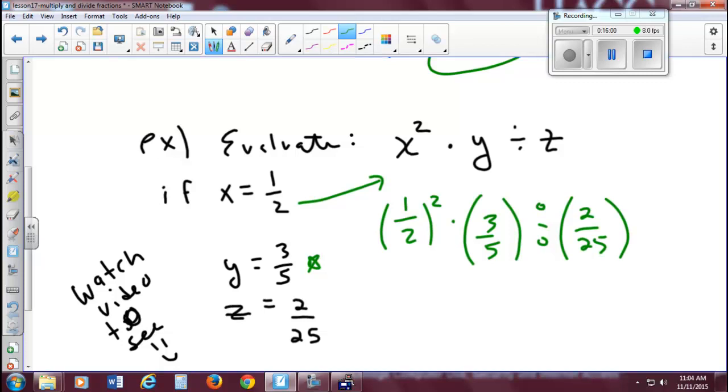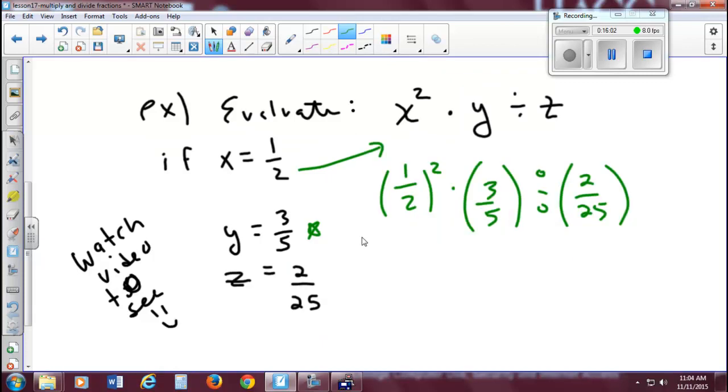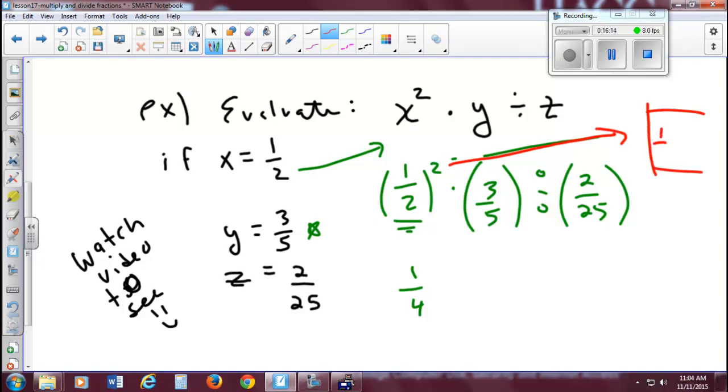That's phase one, writing it out. Then clean. A half squared really means a half times a half, which is a fourth. If you need to, think about that off in the margin somewhere. A half squared means a half times a half, which is a fourth. Okay, so we have a fourth.